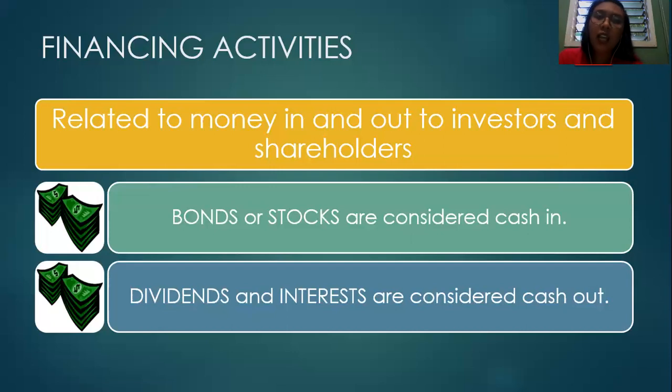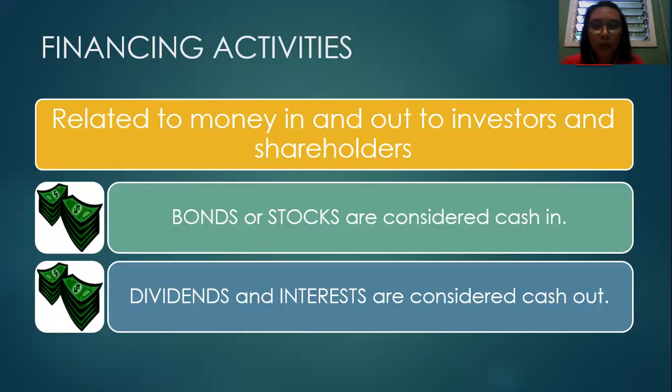Kasi under sa operating activities, kayo ang nagbili ng bonds or stocks sa ibang business. And then the other business is the one giving out to you your dividend or interest. Here in financing activities, other person is going to buy bonds or stocks from the business, and then the business is the one who's going to give out the dividends. Okay?